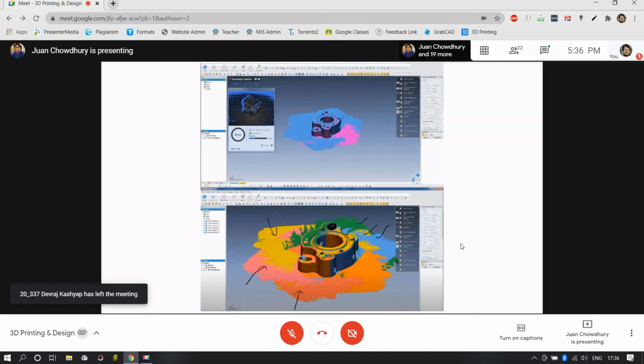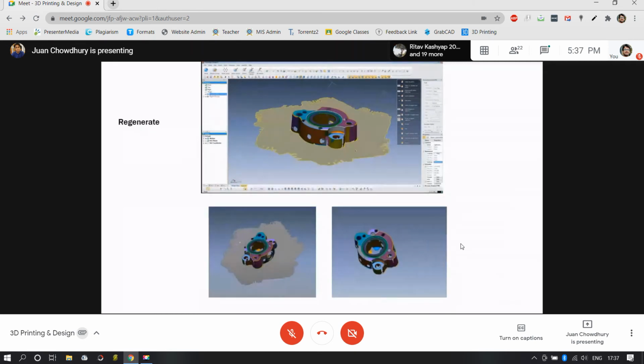Often we need to capture multiple angles and repeat them so that we can get an accurate representation of the surface profiles. But in the case of simple cubes, it is not mandatory. Okay, so here what we have is a regenerate option.